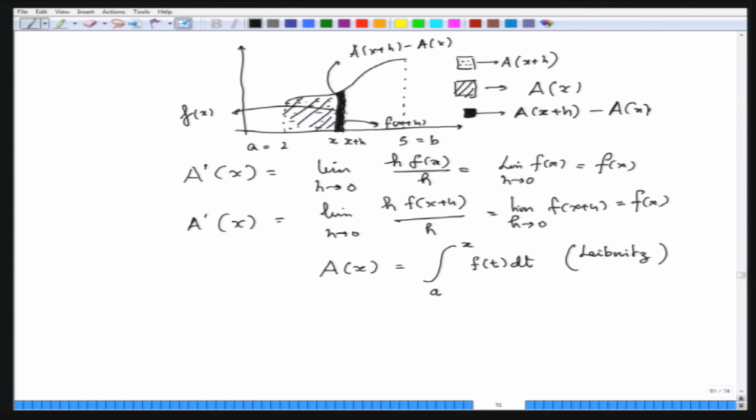Now, you can ask me one important question. A dash x is the antiderivative of f(x). So what is the form of A(x)?